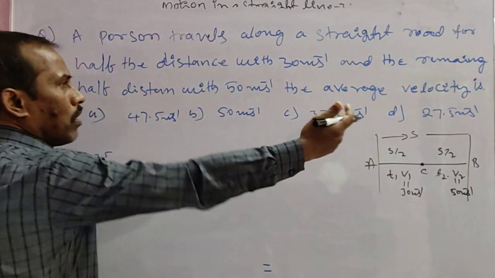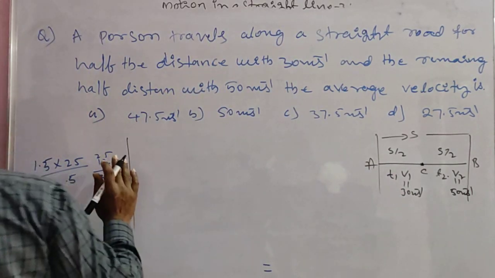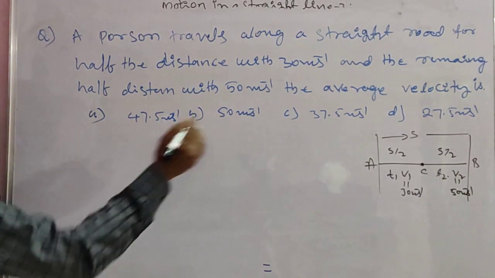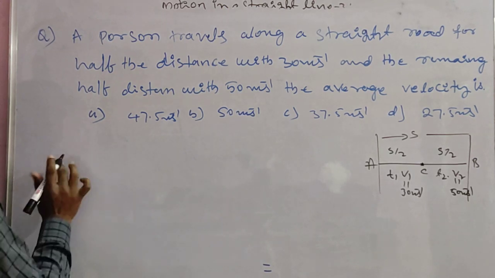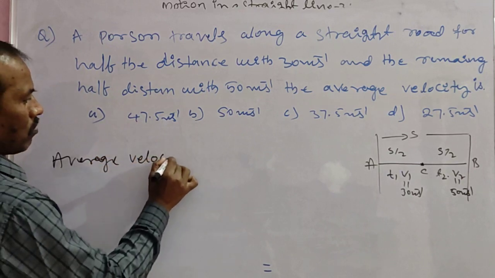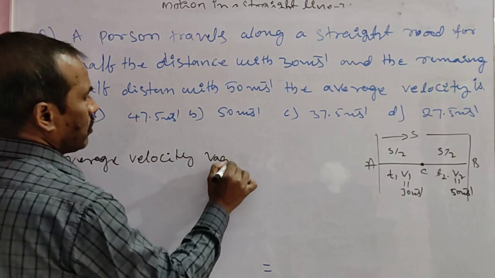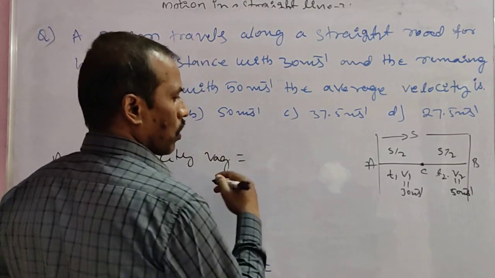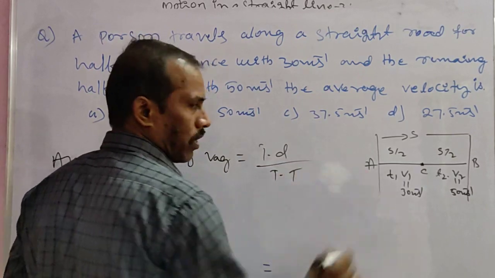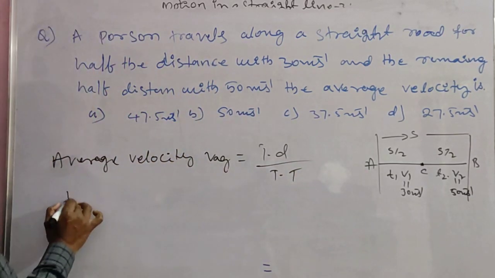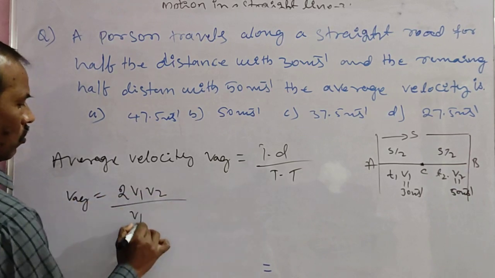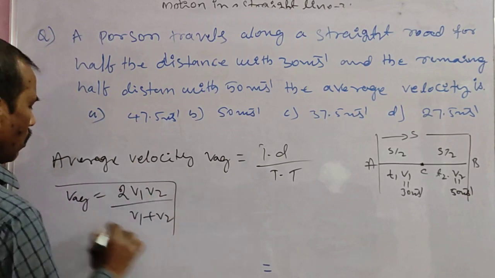Now this formula, average speed, is equal to 2 v1 v2 by v1 plus v2. So this is the formula.